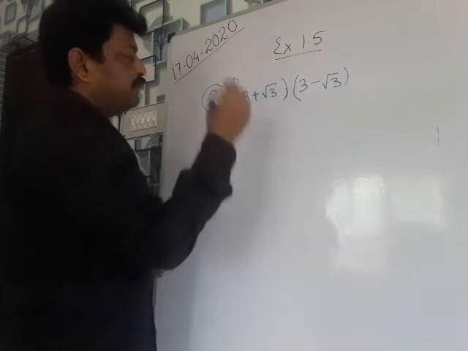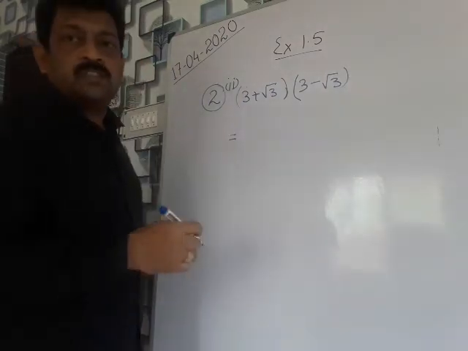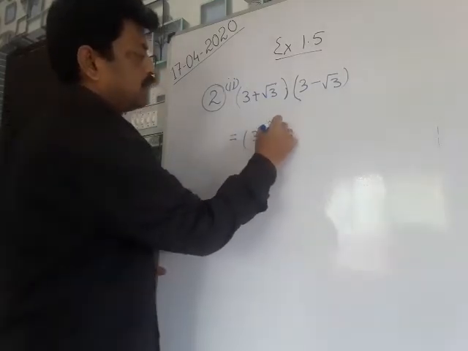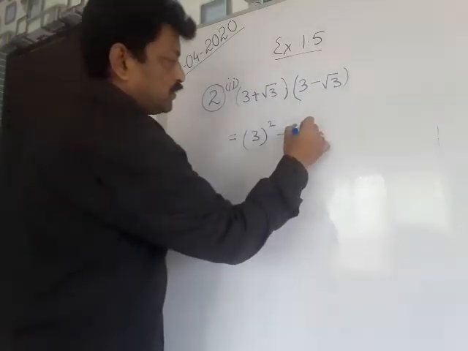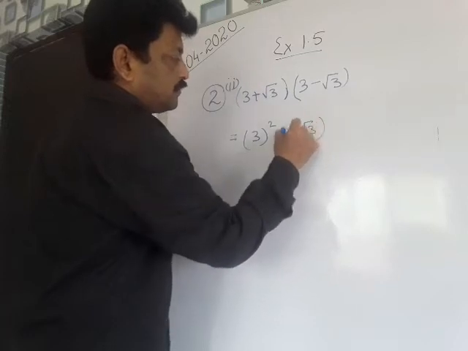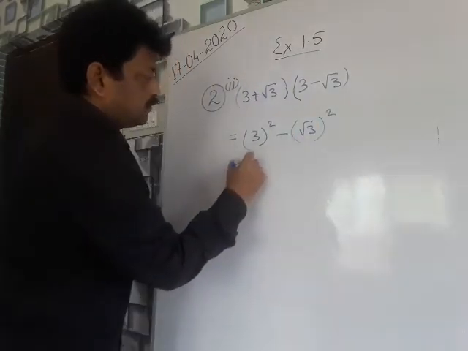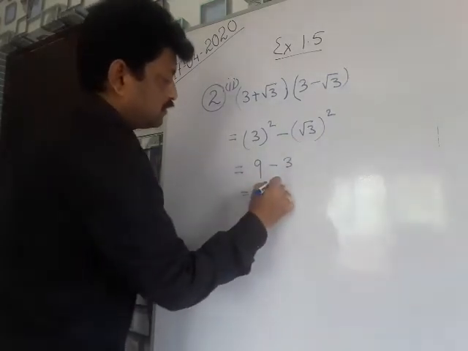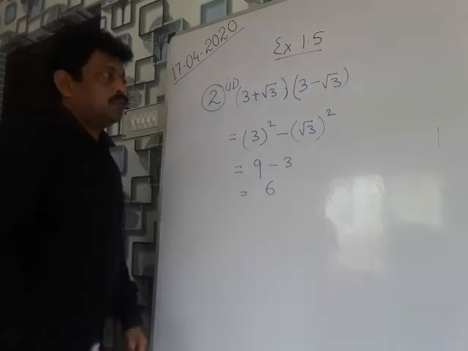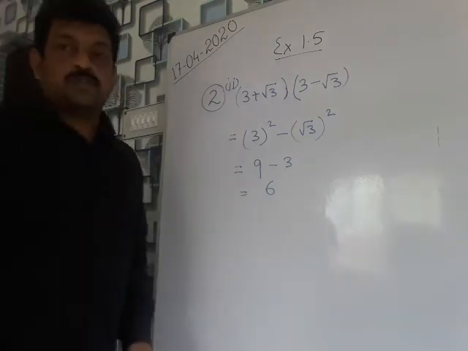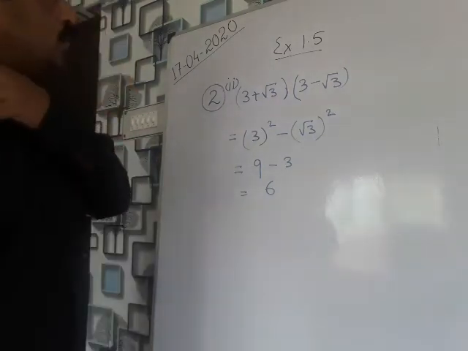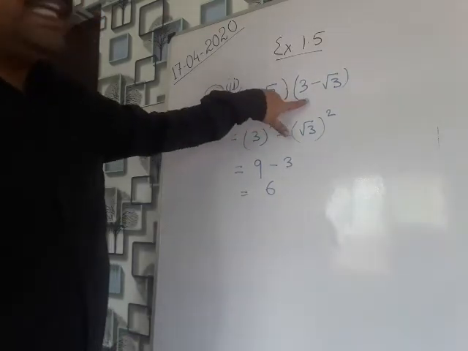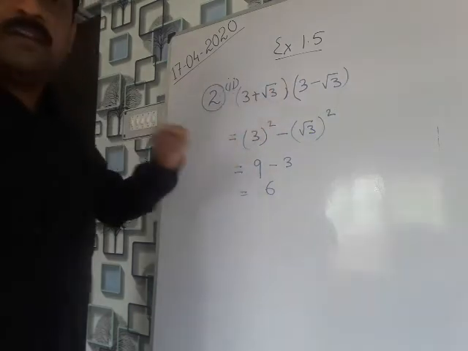So we can use the identity a plus b into a minus b is a square minus b square. So a is 3 here, 3 square, and b is root 3, so it is root 3 square. 3 square is 9, root 3 square is 3. So answer is 6. Here also we got an example that the product of two irrational numbers is rational.